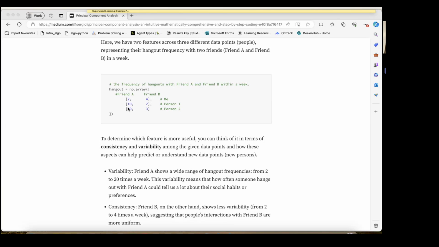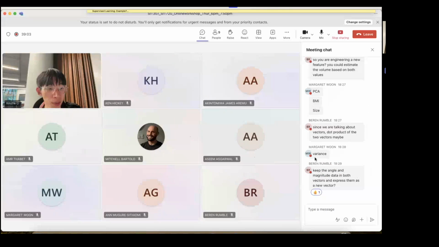Let's say, whether this person is a very outgoing person who always wants to go to the party, or another person is an introverted person who always stays at home, something like that. So which feature do you want to look at to find this pattern? I want to hear your answer.